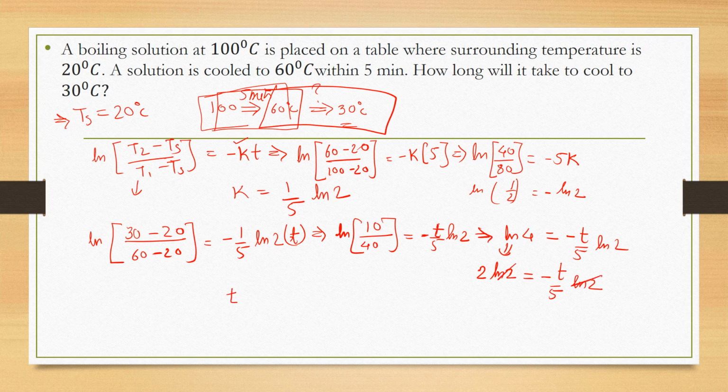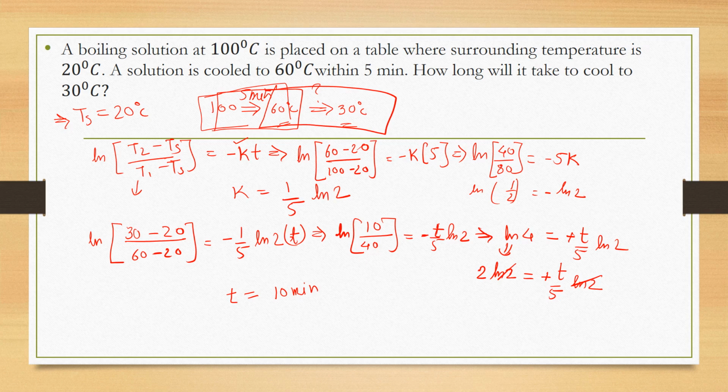So t, the minus over here will get cancelled. Over here it was log of 1 by 4, so after converting into log of 4, the minus minus will get cancelled over here. I just forgot that thing. So time will be equal to 5 into 2, which is equal to 10 minutes. So 10 minutes are required to cool down the solution from 60 degrees Celsius to 30 degrees Celsius.